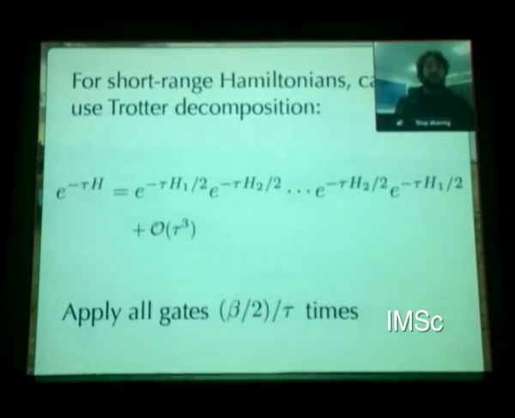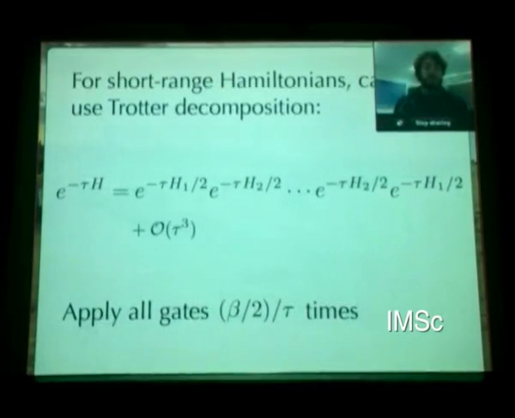For Hamiltonians, you can take advantage of the Trotter decomposition. Here I'm showing a higher order Trotter decomposition, but the idea is that we want to apply an imaginary time beta over 2, but we can break that up exactly as just steps tau, and then we can make an approximation, which is to say, what if our Hamiltonian is actually a sum of terms?